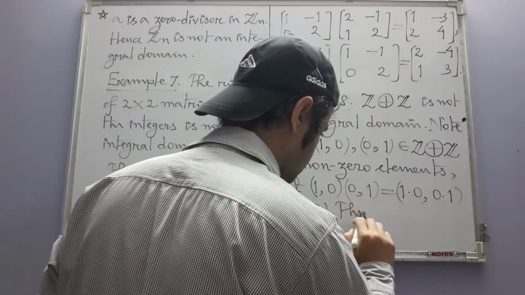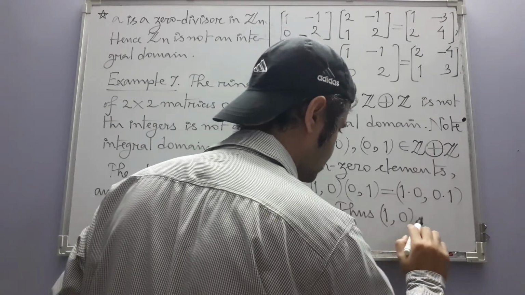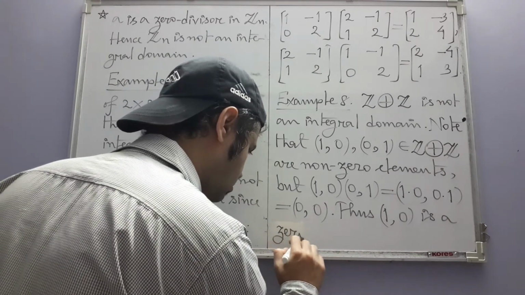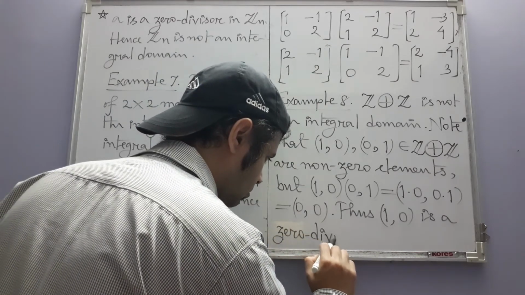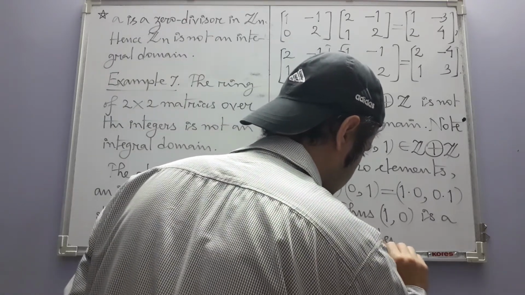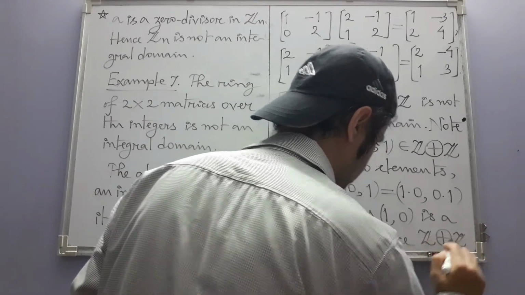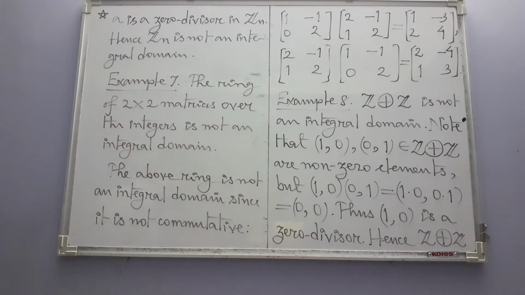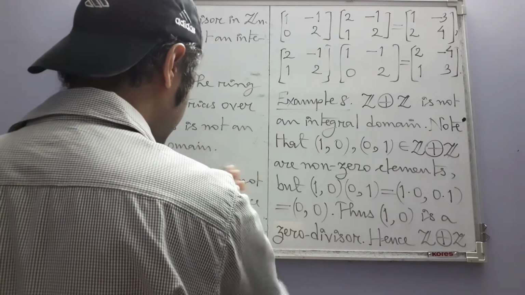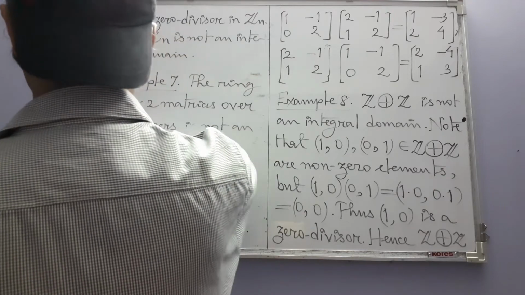Thus 1 comma 0, let us say, is a zero divisor. Hence this is not an integral domain. It shows that if you have integral domains, then their direct sum is not necessarily an integral domain.